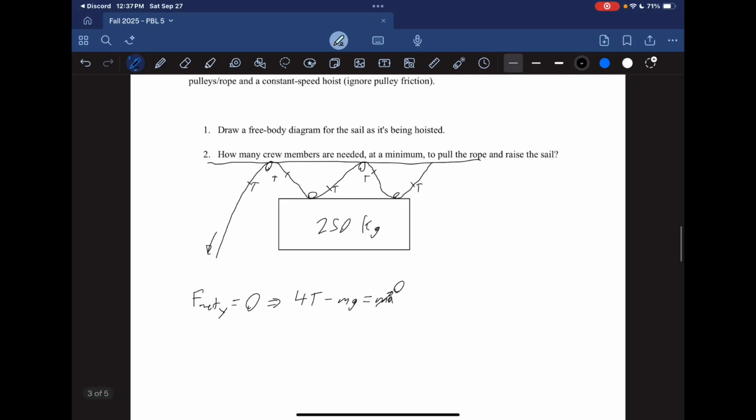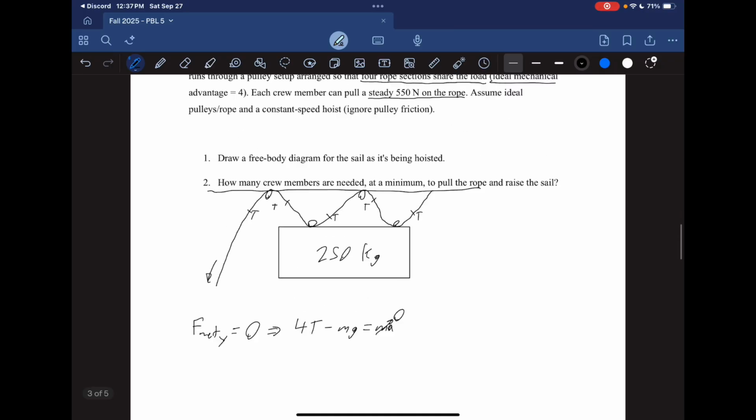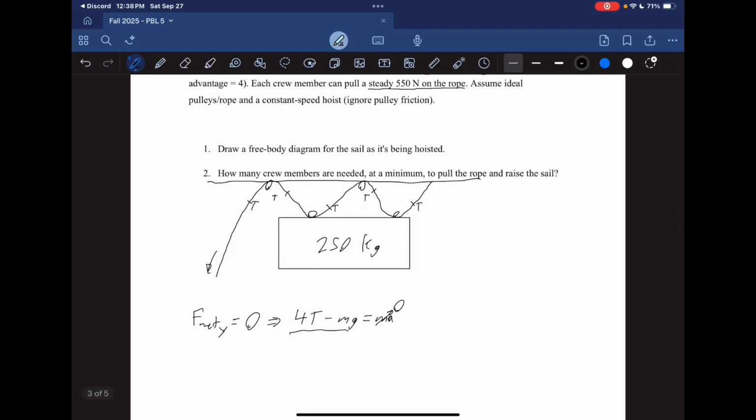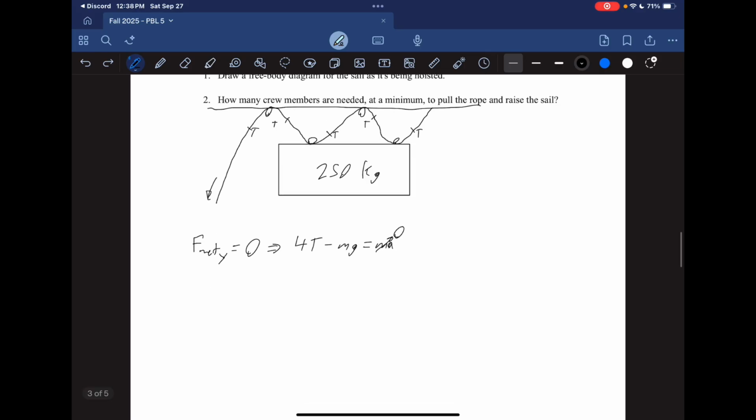I forgot the reason we need the 550 newtons is because in question 2, we're trying to find out how many crew members are needed to pull the rope and raise the sail, if each crew member can pull at a steady 550 newtons on the rope. So what this is going to tell us is basically how much tension is in the rope. And with that, we'll be able to determine how many crew members we need.